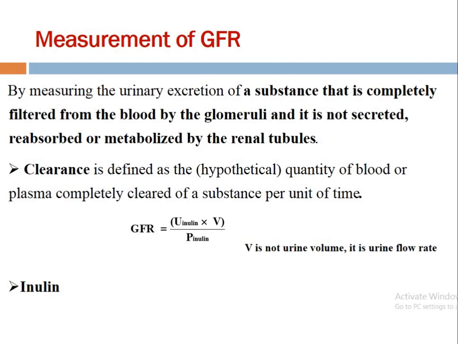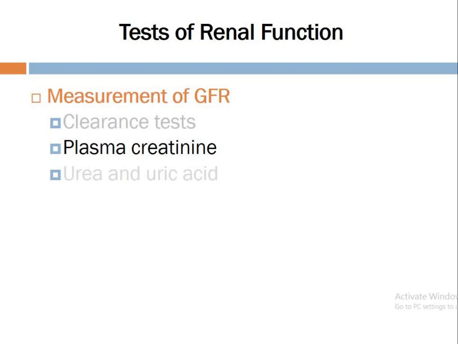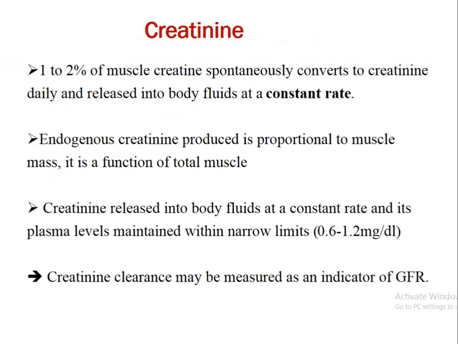Now, this inulin is an exogenous substance. We can also measure the clearance for the GFR from an endogenous substance. This endogenous substance is plasma creatinine. Creatinine is a substance which is released from the muscles. 1 to 2% of the muscle creatine spontaneously converts into creatinine.